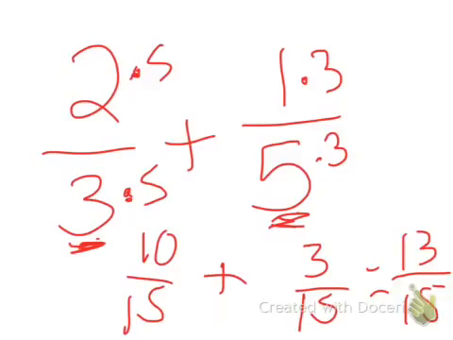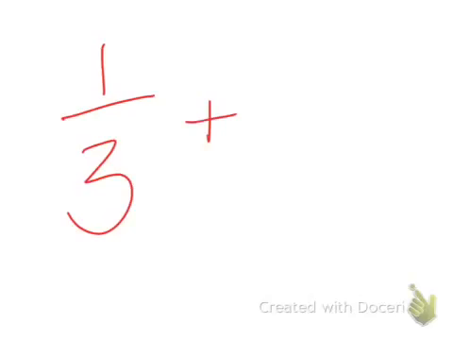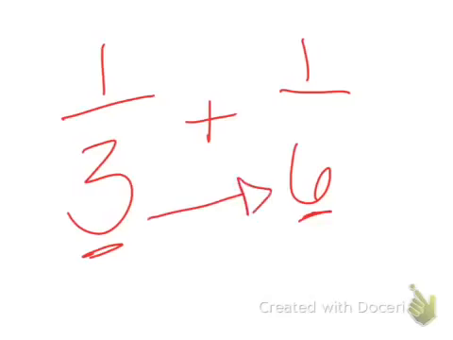Another example is 1/3 plus 1/6. Pause and solve. Okay, so look at the bottoms. The least common denominator would be 6 because 3 goes into 6. So I'm gonna leave that 6 the same.